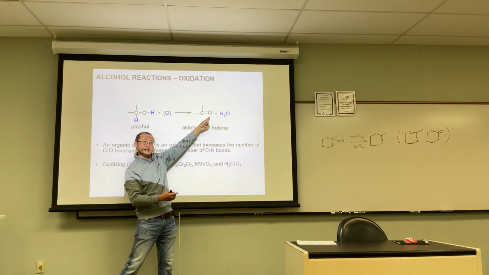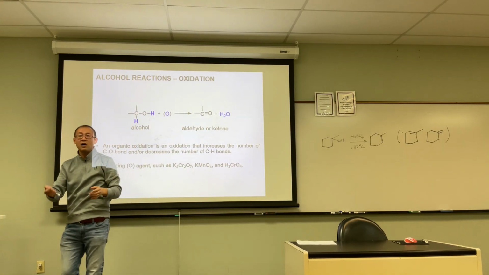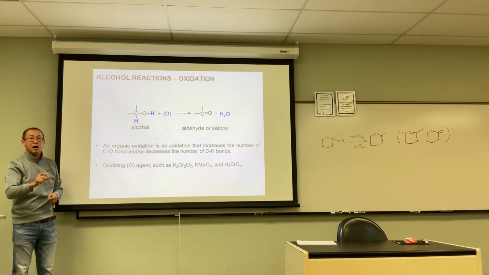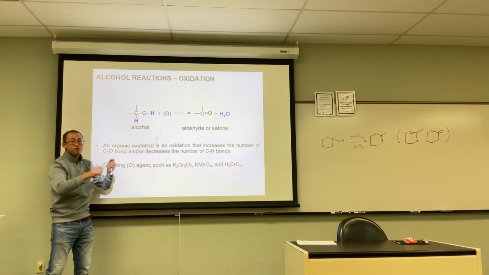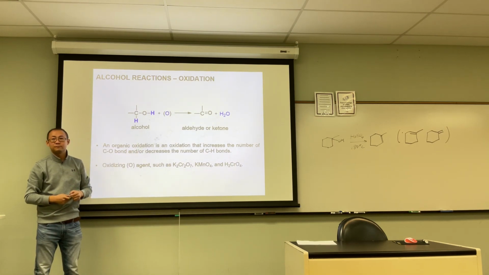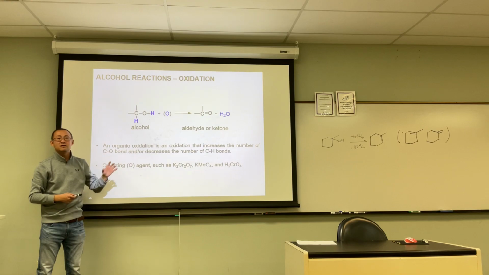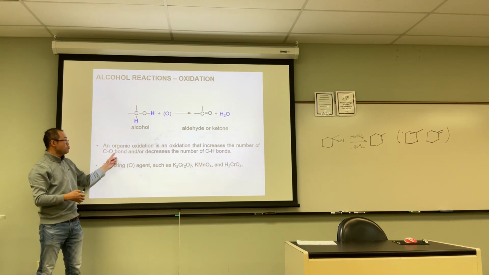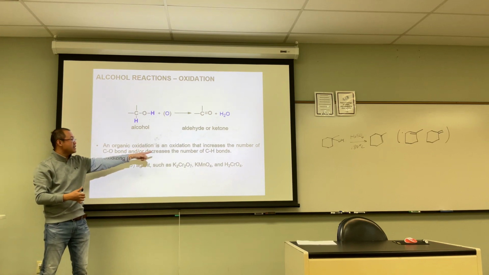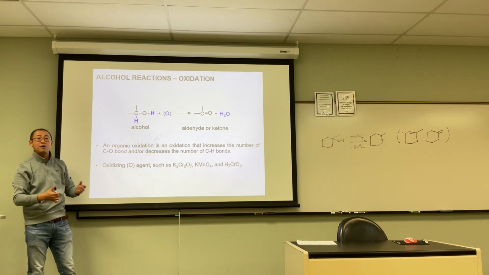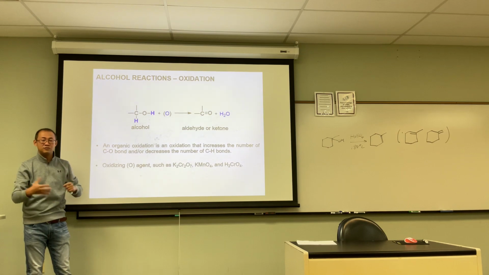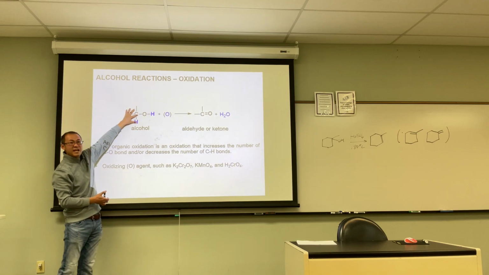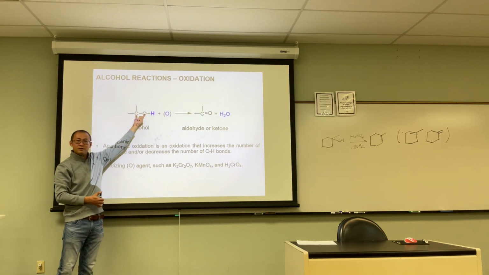Now it's a CO double bond. That's what we call oxidation. That's a universal definition for organic chemistry. If you increase CO bond and/or decrease CH bond, we call that process oxidation. There's a reverse process. If you increase CH, decrease CO, we call that reduction. But here, oxidation means decrease CH, increase CO.